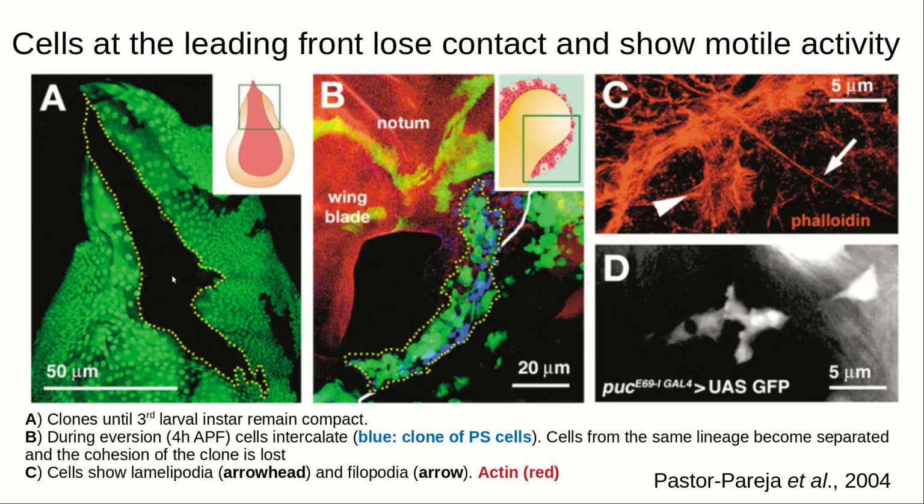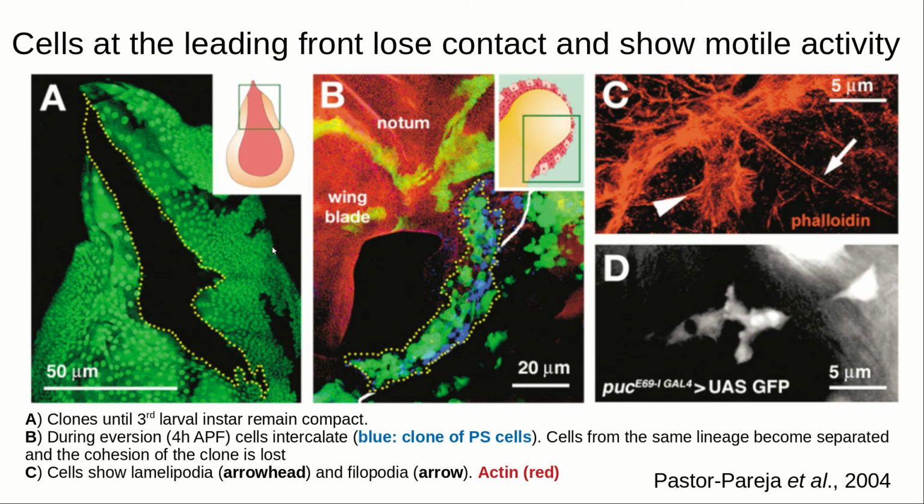Additionally, usually until this moment, cells that are clonally related, which is cells that come from one cell at some point, usually are very tightly packed together, like in this black clone here.